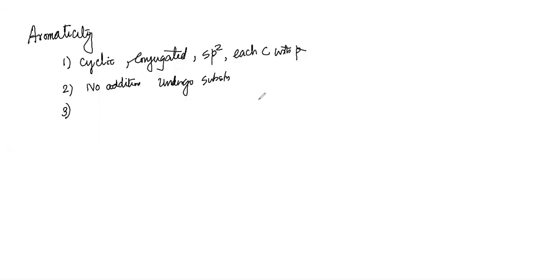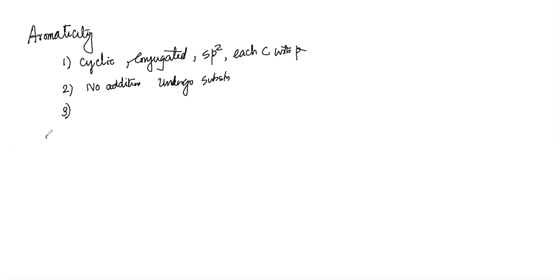Now, there are many other compounds having the same properties, and these compounds are highly stable, much more stable than expected from similar compounds. So this stability is known as aromaticity.